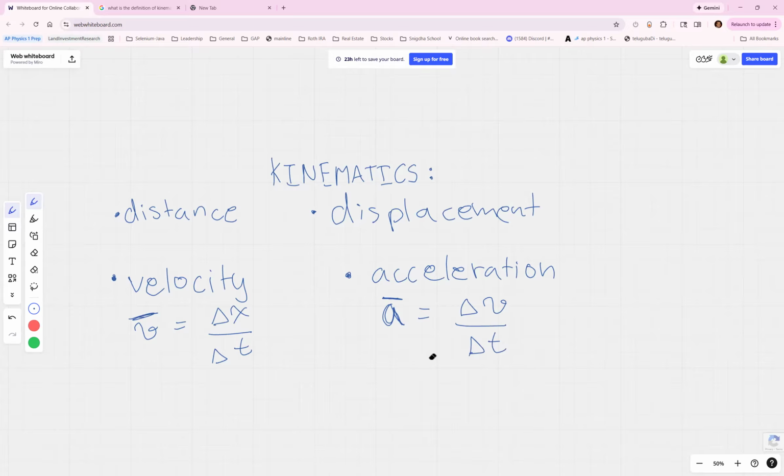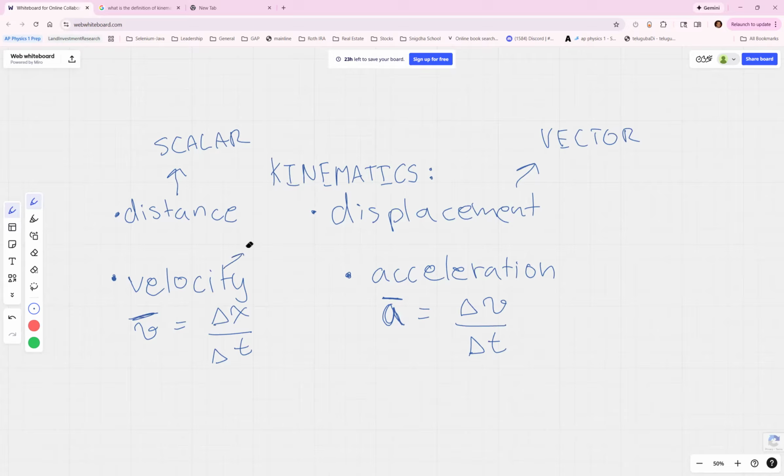So for today's video, we briefly reviewed the definitions of distance, displacement, velocity, and acceleration. Distance and displacement are often confused, but they are very different. Distance is a scalar, which means it only talks about magnitude and doesn't care about direction, but displacement talks about direction and magnitude, which makes it a vector.